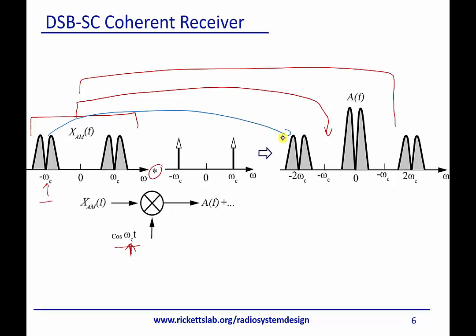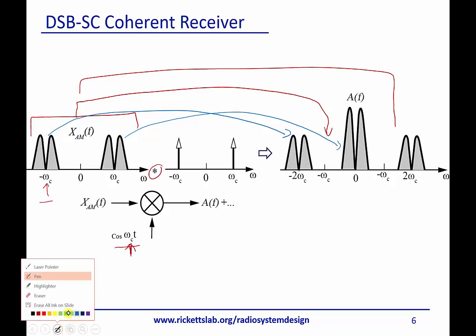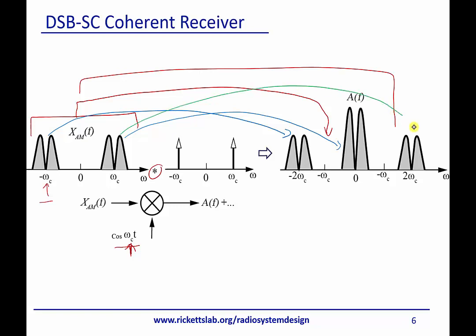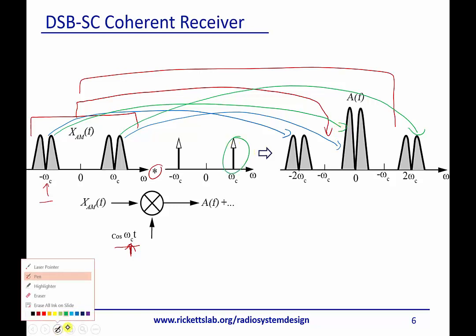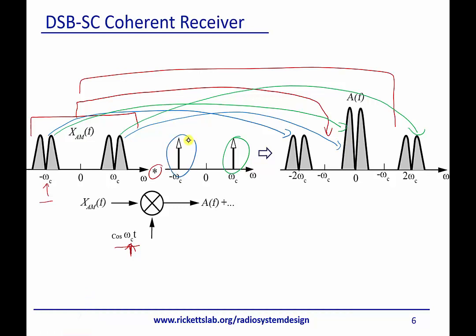This goes here, and this goes there. I'll switch colors here. I'm going to go to green. This one gets transferred to here, and this one gets transferred to here. That's with this one, and just to be clear, this is the blue one.